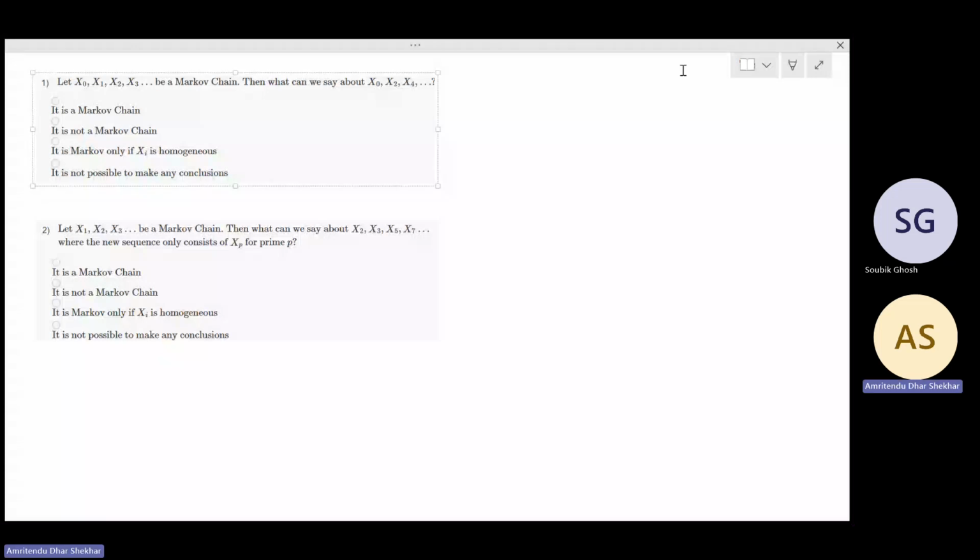So recall what a random variable is. Essentially, what is a stochastic process? A stochastic process is a time dependent random variable. Okay, so a random variable is a function.